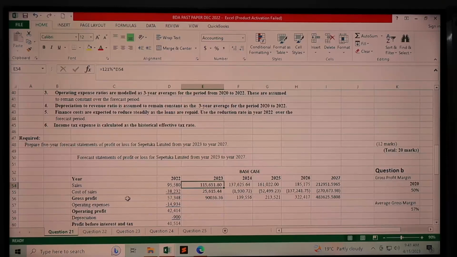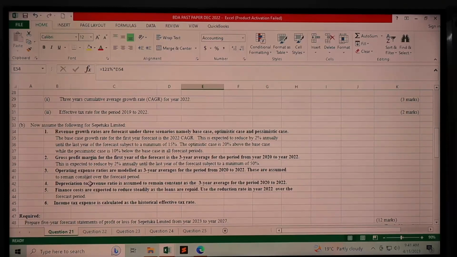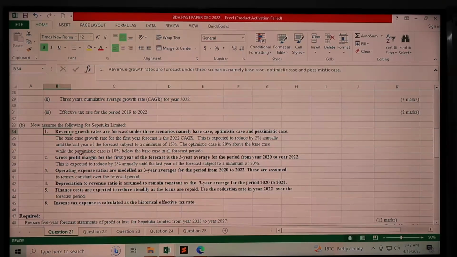Then, because in our scenario we are not given the cost of sales. The first argument, Roman 1, we have done for the base case. But we are also told about the two other cases, optimistic case and pessimistic case.